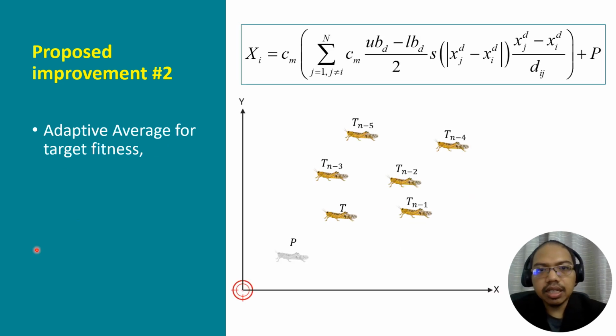So the next improvement that we are proposing is that, instead of using only the T value, or the best solution found so far, another way that we can do is to use what we call a prediction. So here, this is just an example.